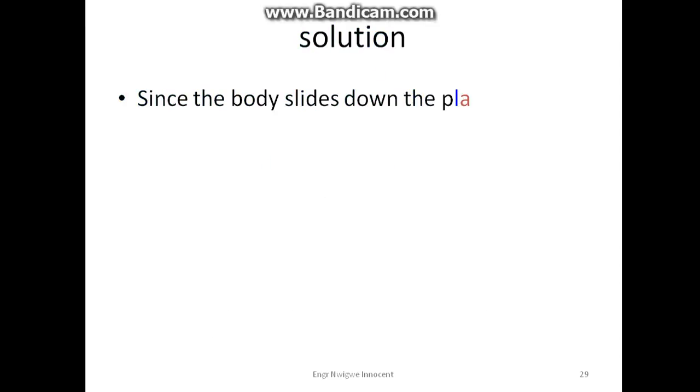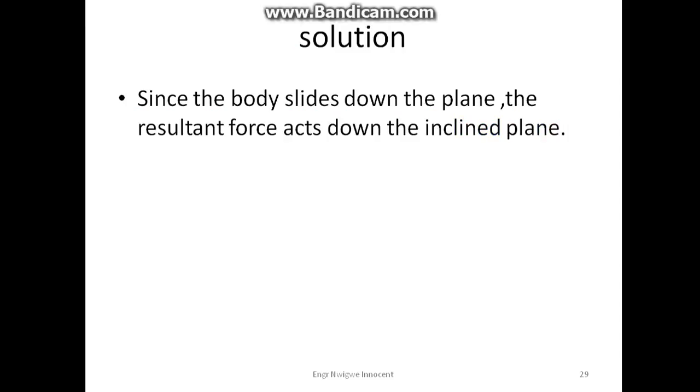Since the body slides down the plane, the resultant force acts down the inclined plane. Mass times acceleration due to gravity g sin theta minus 25 is equal to mass times acceleration, according to Newton's second law.